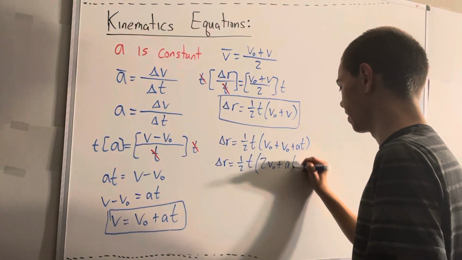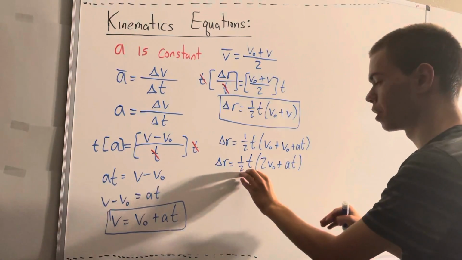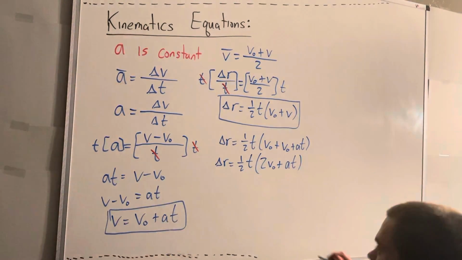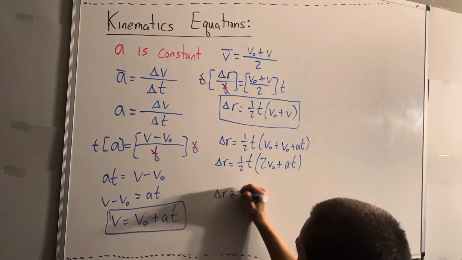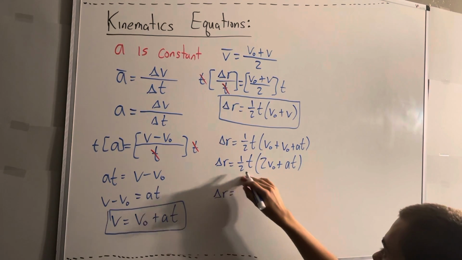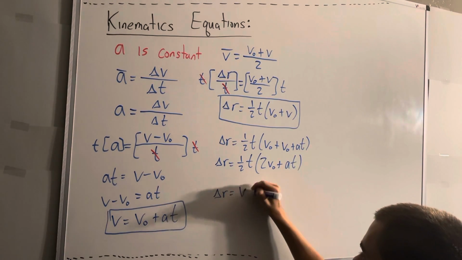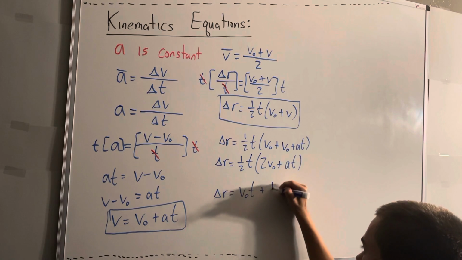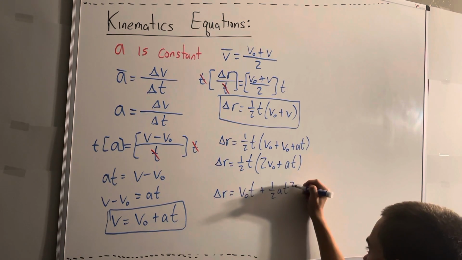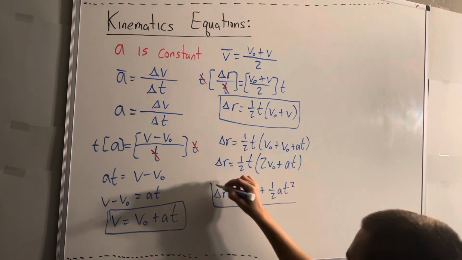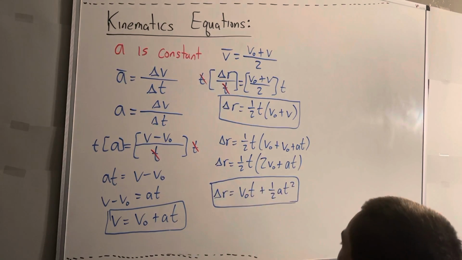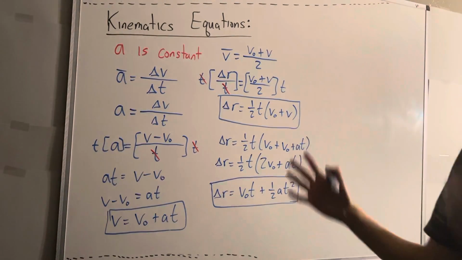We're adding at. And now we're going to distribute the 1/2 t through this parentheses. And so distributing the 1/2 t, we get delta r equals v sub 0 t plus 1/2 at squared. And so as you can see, we get another kinematics equation. And so we now have 3 out of the 4 kinematics equations.